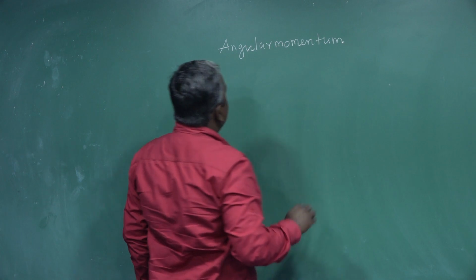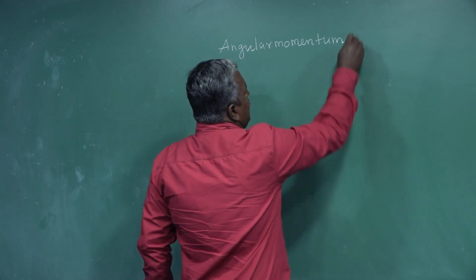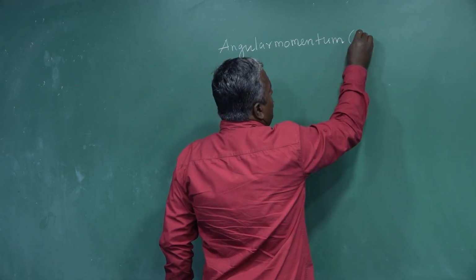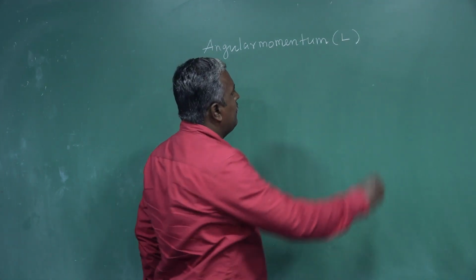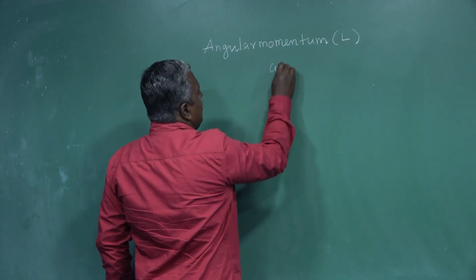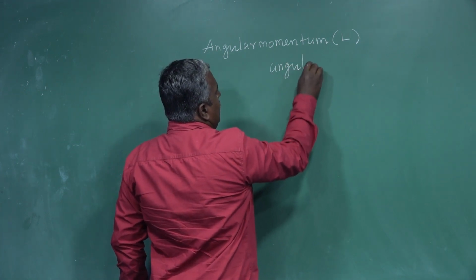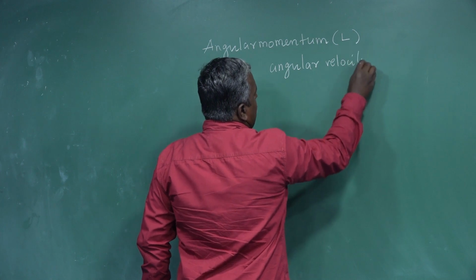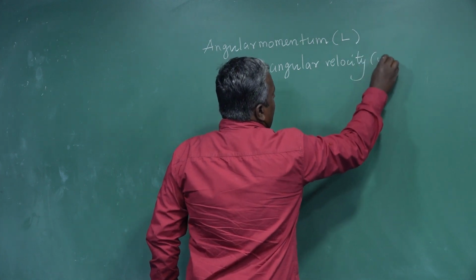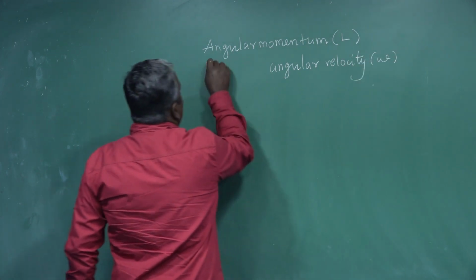Angular momentum, its magnitude is simply denoted by L. Then angular velocity is simply denoted by omega.